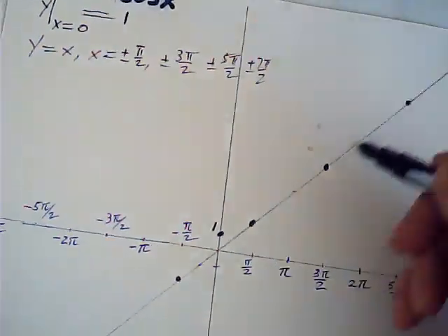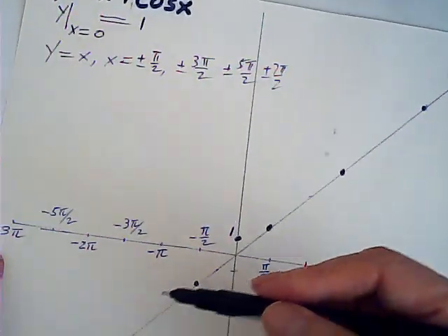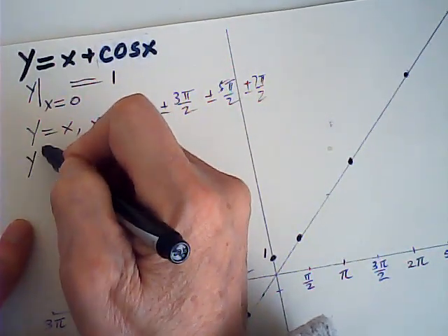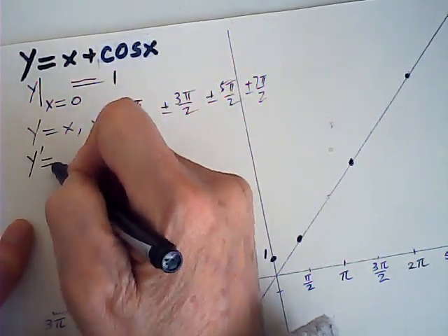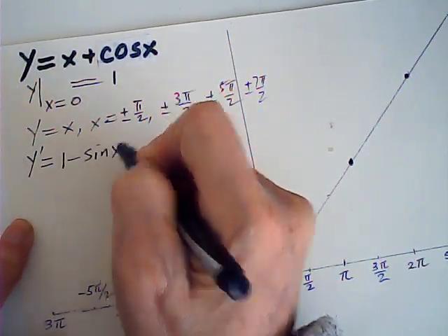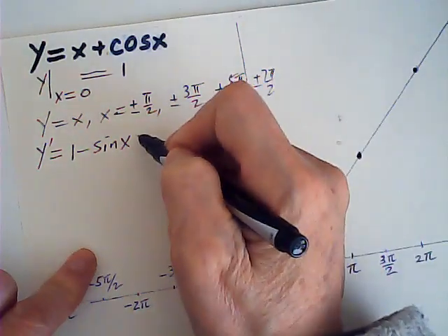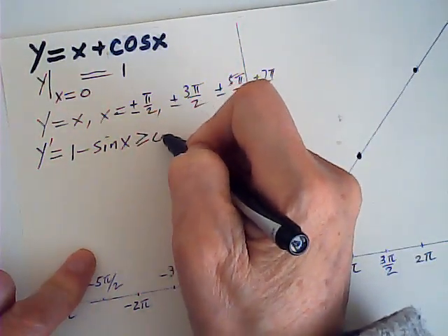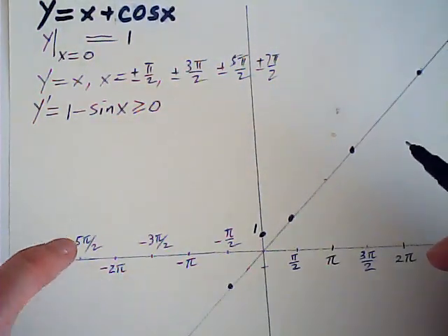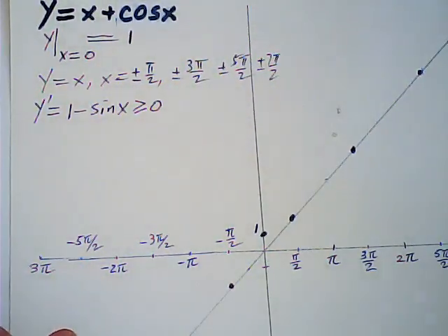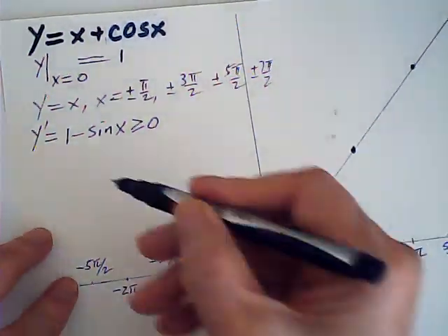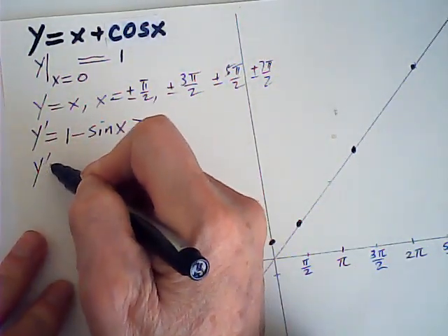So these points are points the curve passes through. Now, the first derivative is equal to 1 minus sine x. Because this one will never be negative, therefore, the curve is always increasing, or horizontal tangent line. It's never decreasing.